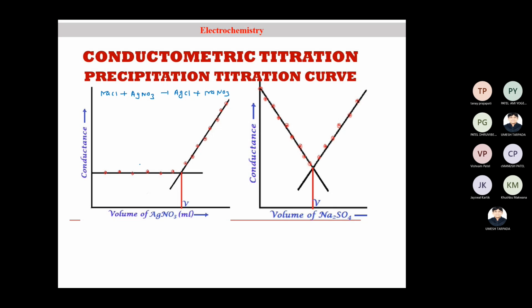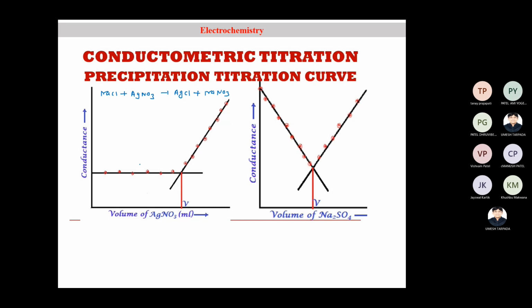So see, in this case, what happens? Chloride ion is replaced by NO3. So Cl is replaced by NO3, and you get white precipitates of AgCl.